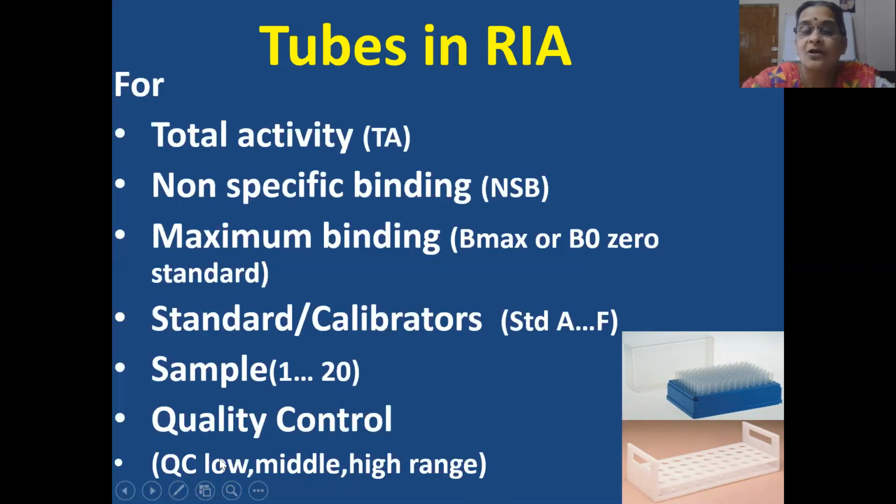This cannot be used as a standard. It is like finding out whether your RIA is going to give you the right answer. You know the values of the low, middle and high range, but you want to get them from the RIA that you have run.